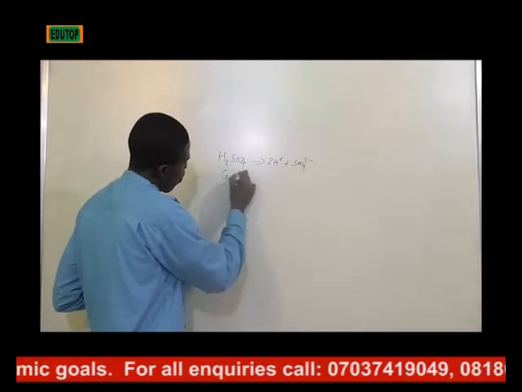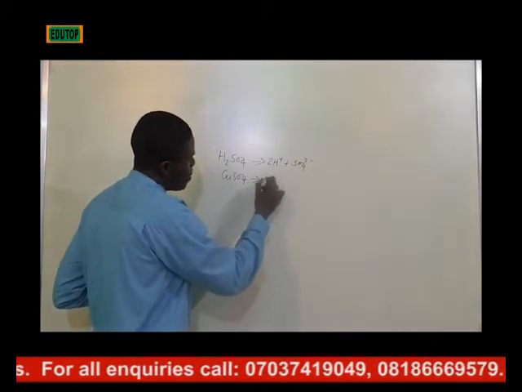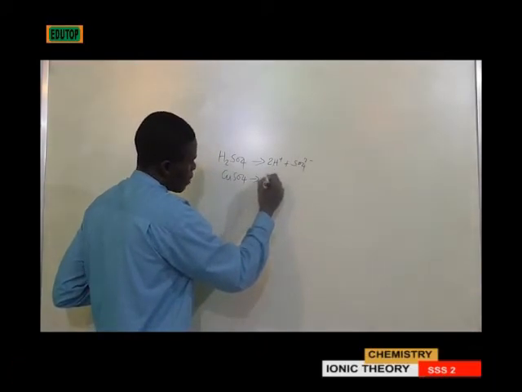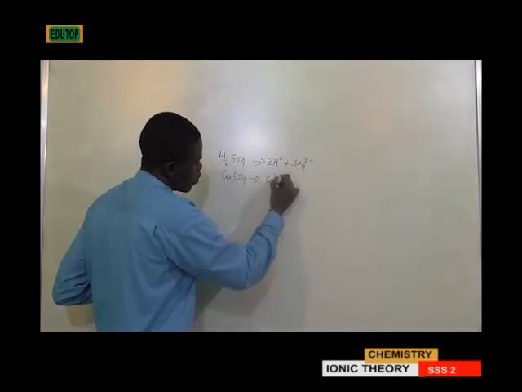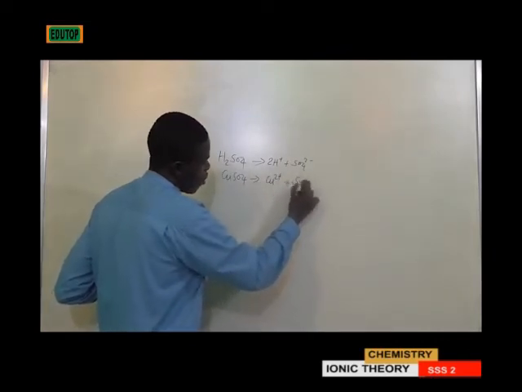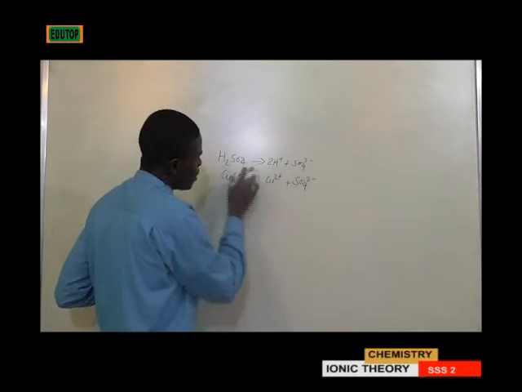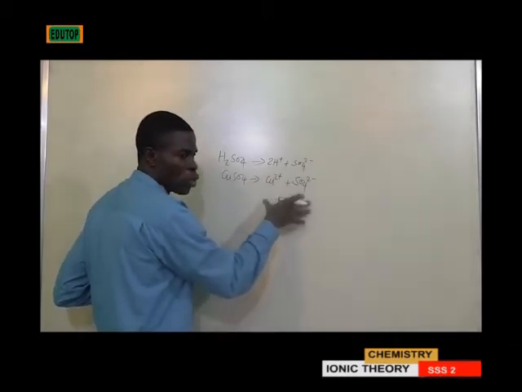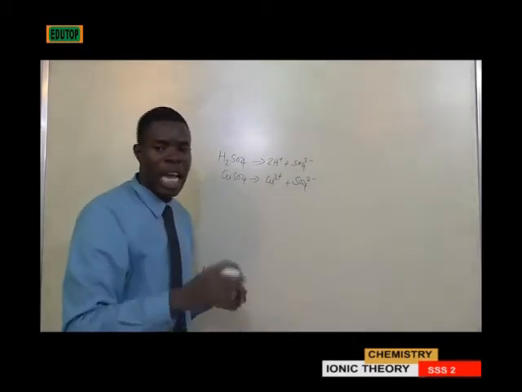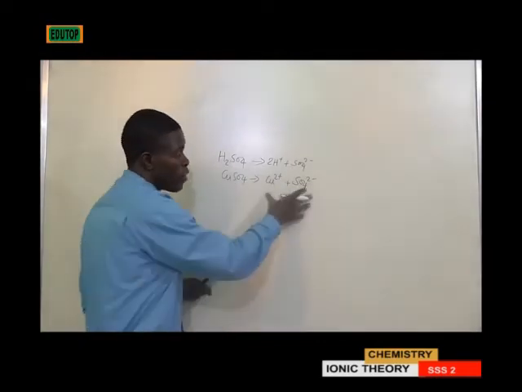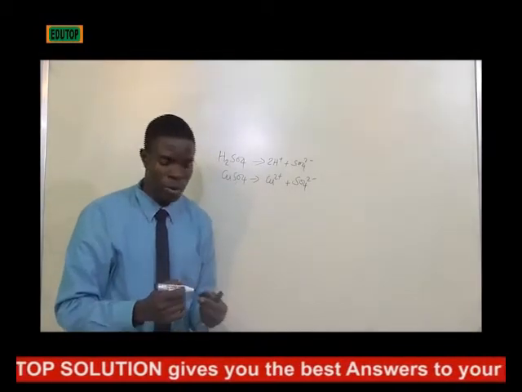Also, copper(II) sulfate exhibits the same phenomenon, where you have Cu2+ ion and SO4 2-. At this state it is in solution and can conduct electricity because of the free mobile ions.